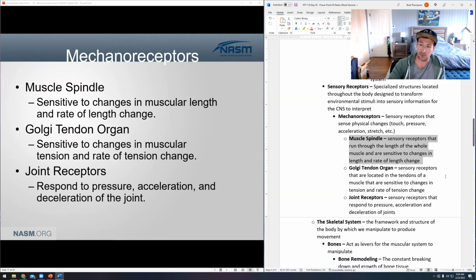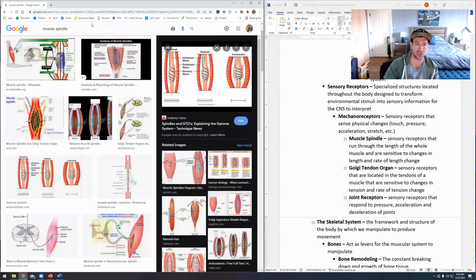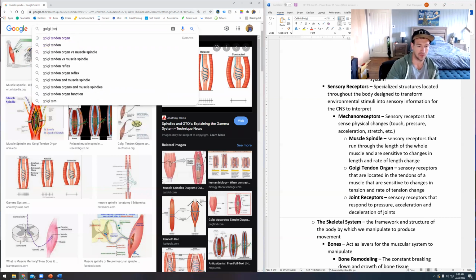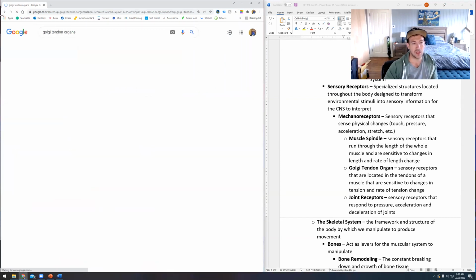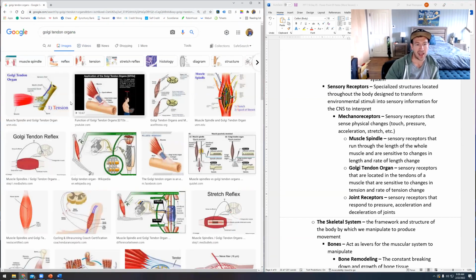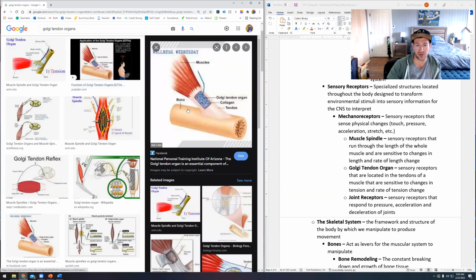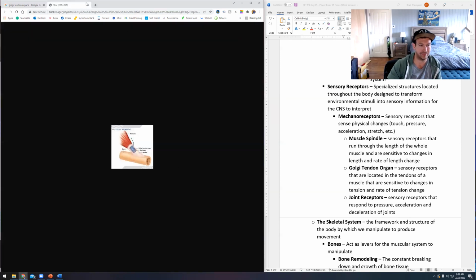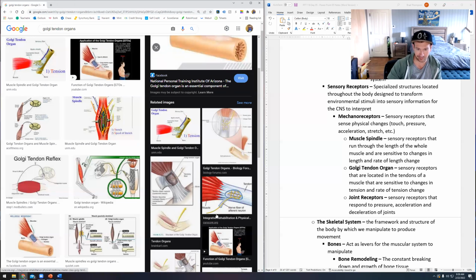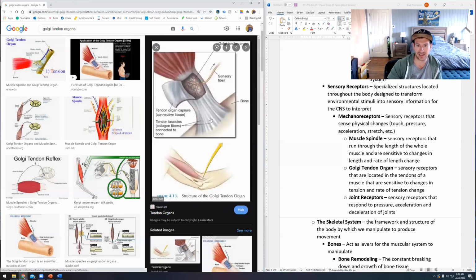That's information coming from muscle spindles, but there's also information coming from Golgi tendon organs. A Golgi tendon organ lives within the tendon of our muscles. It doesn't live in the belly of the muscle the way a muscle spindle does. It lives directly in the tendons.